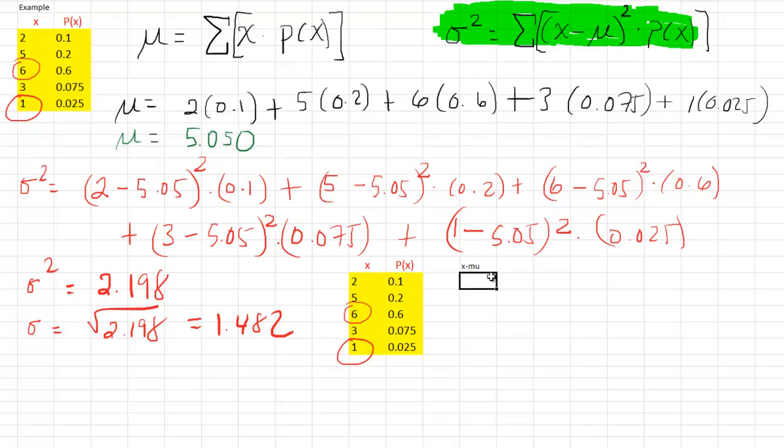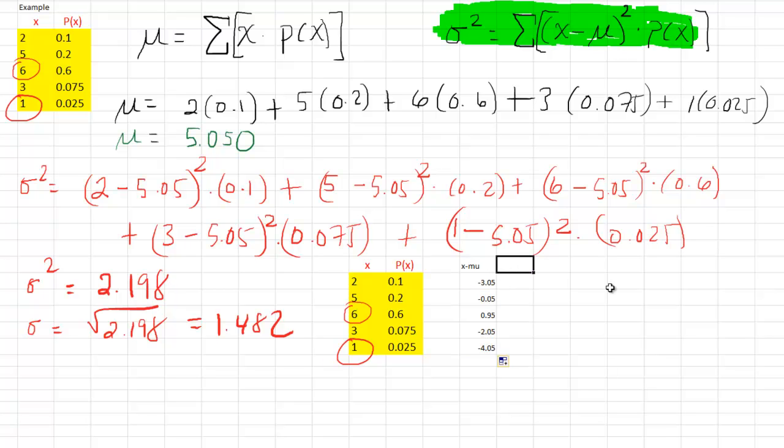X minus mu is going to be equals, to start a formula, 2, which is in this case M21, minus, I'm just going to type in 5.050, equals. I'm going to do this step by step, and since we're using Excel, I can just drag down and it does the same thing for the rest of them. So this is just x minus the mean.